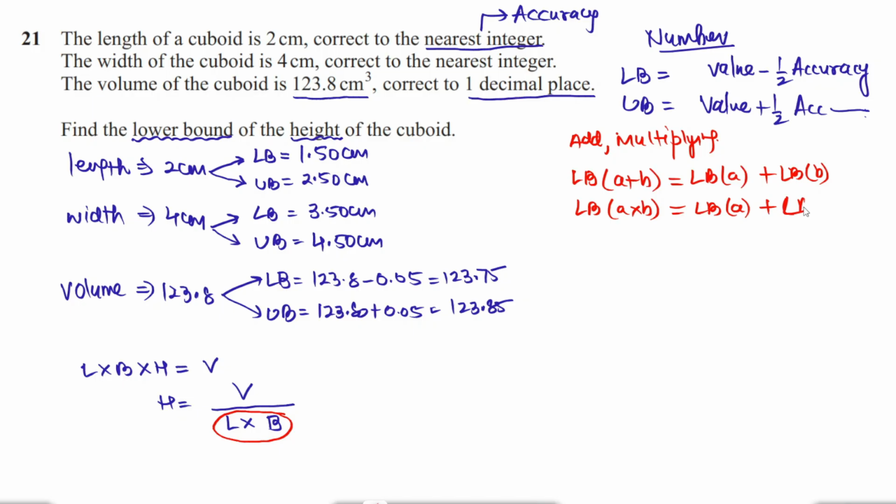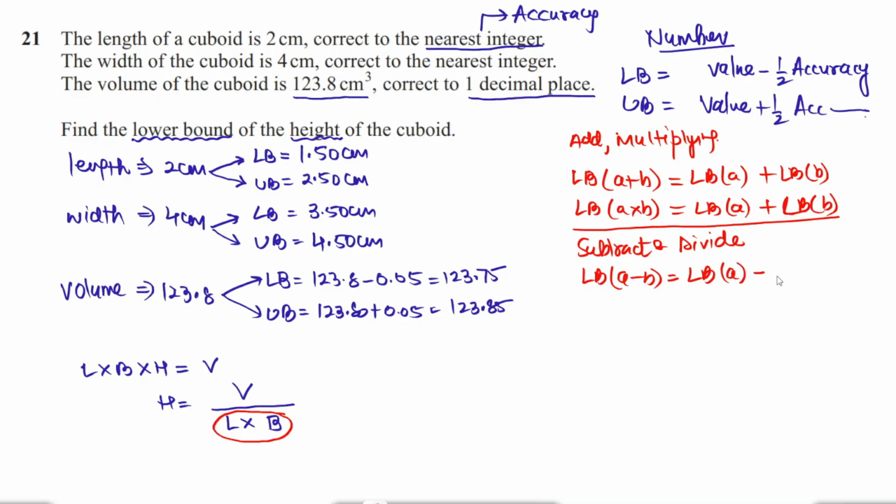But when we are doing the division and subtraction thing, we need to be very careful here. If we are looking at lower bound of A minus B, then we have to find the lower bound of A and subtract the upper bound of B. Similarly, if we are dividing and we are looking for the lower bound, then we need the lower bound of the numerator divided by the upper bound of the denominator, that is B. So this is a fundamental you have to understand here.